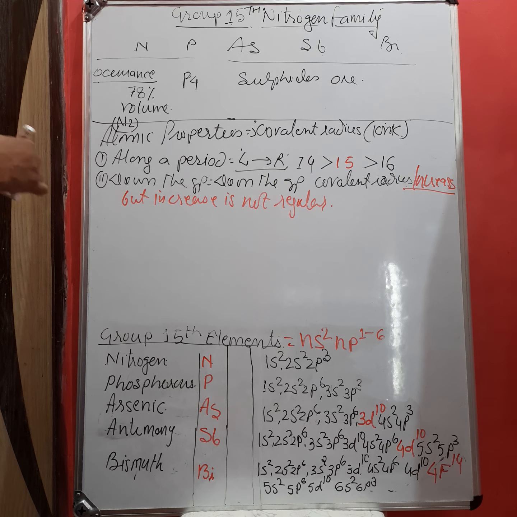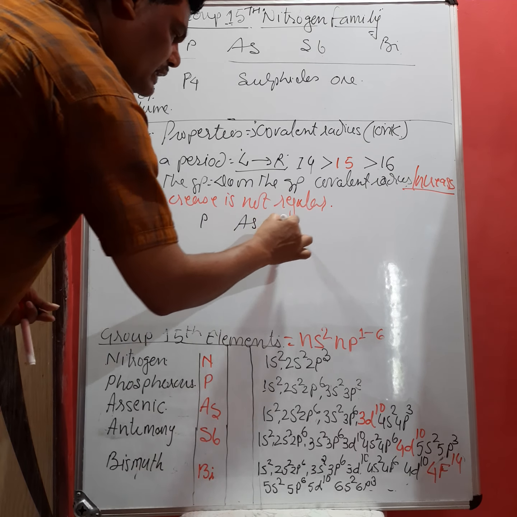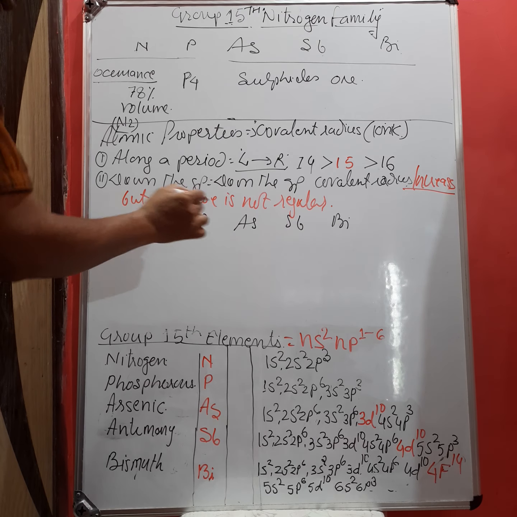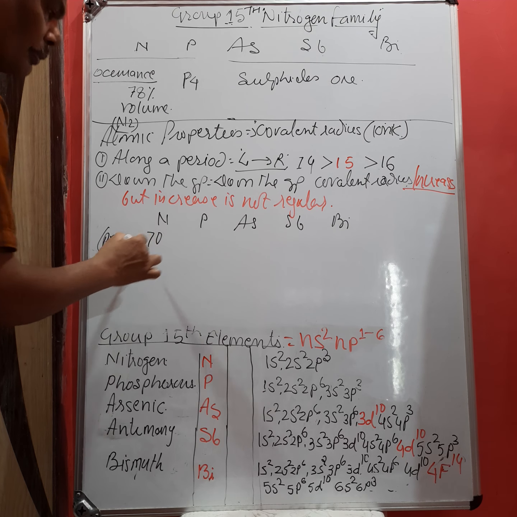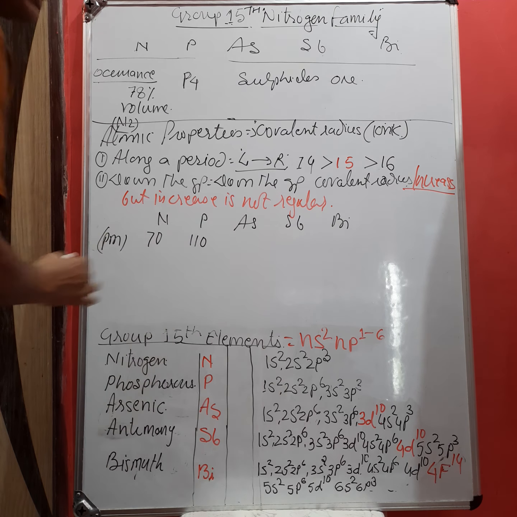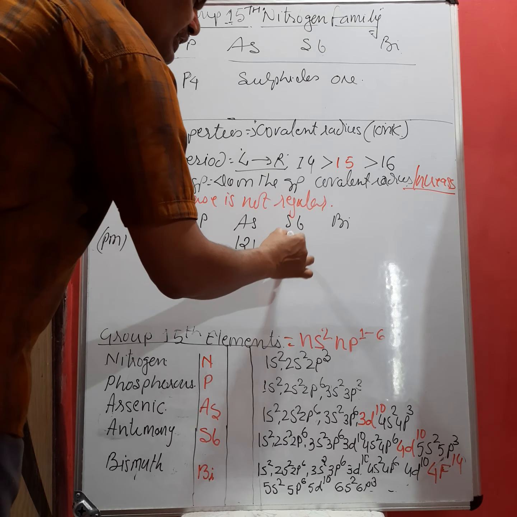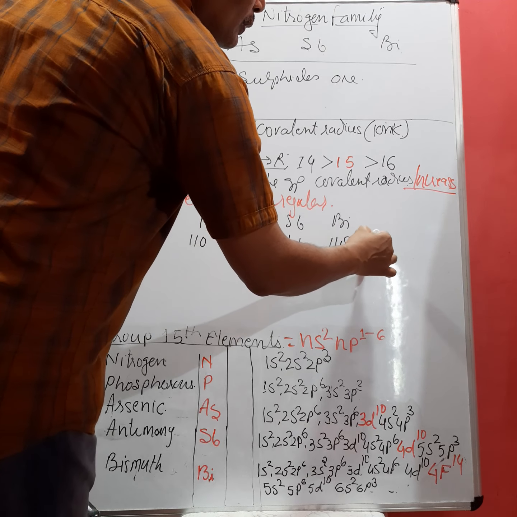How can we say? Like here, if you write N, P, As, Sb and bismuth, the covalent radius in picometer is 70 picometer, this is 110 picometer, now it is 121 picometer, this is 141 picometer and this is 148 picometer.